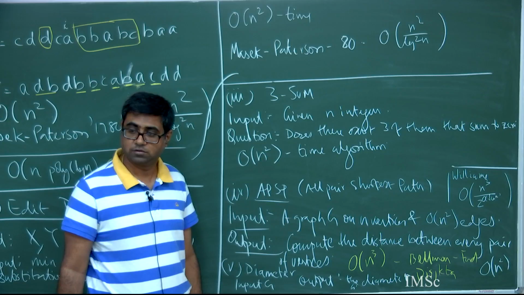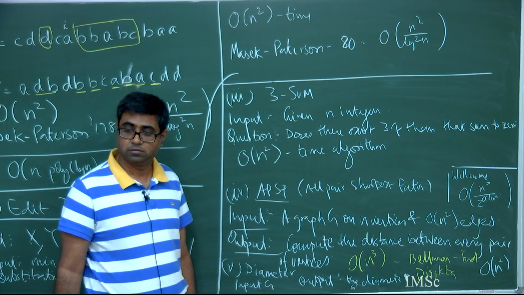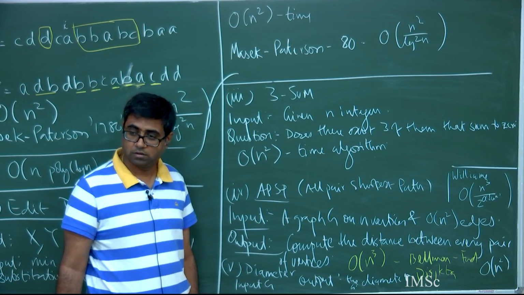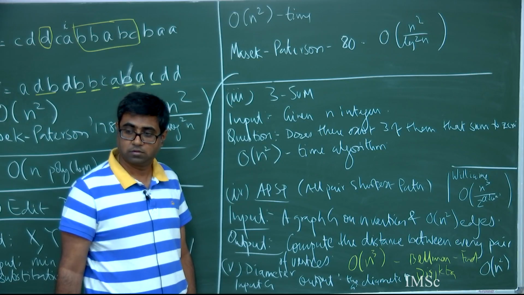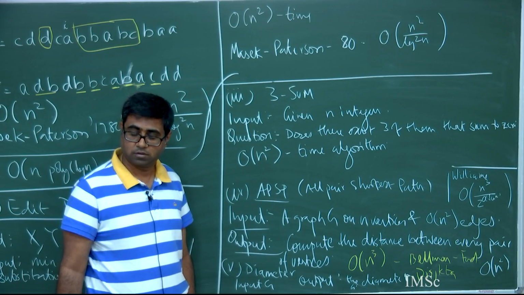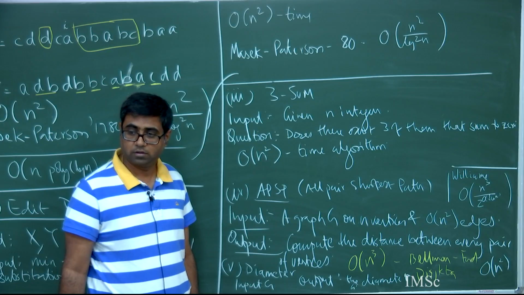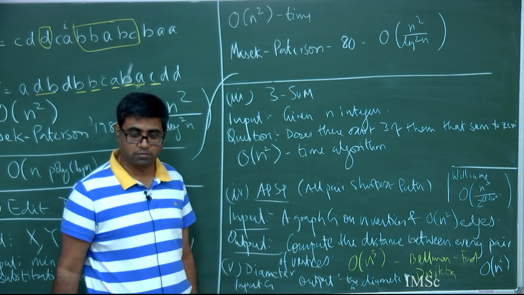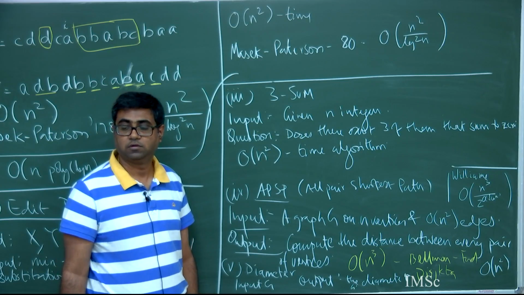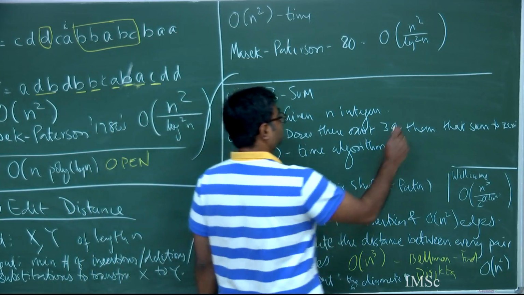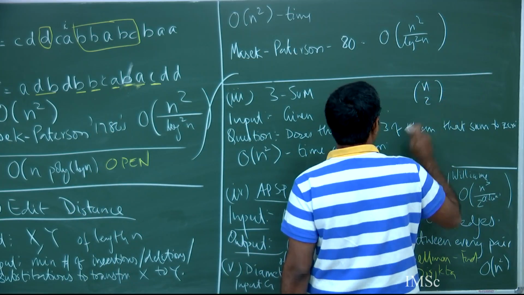Choose two numbers. Yes, fine. Okay. So why is this algorithm n square log n?